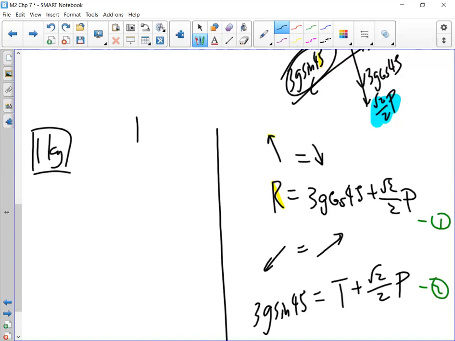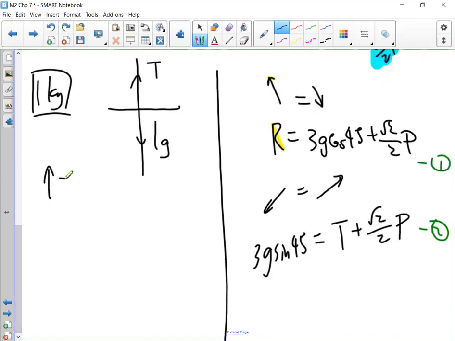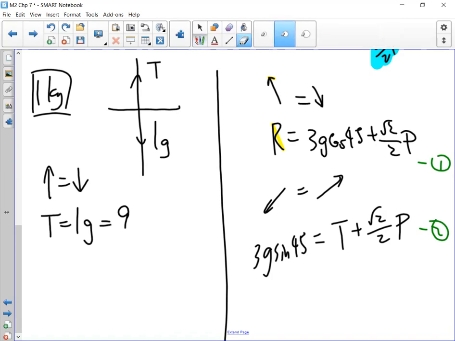If you really want to, yes, we can have 1 T and 1 G, and that's it. And next step, up equals down. There's no left and right because there are no forces on the x-axis, so T equals 1G. So 1 times 9.8 is 9.8. So our friend came to the rescue. We now know T is 9.8 Newton.